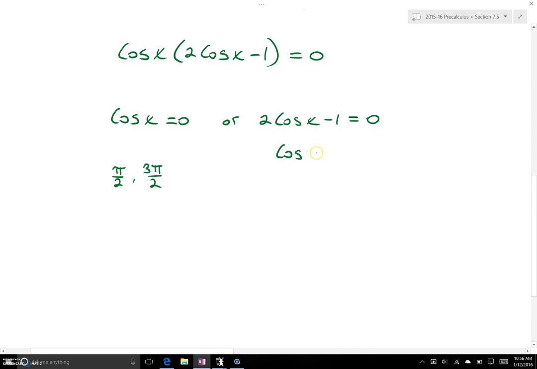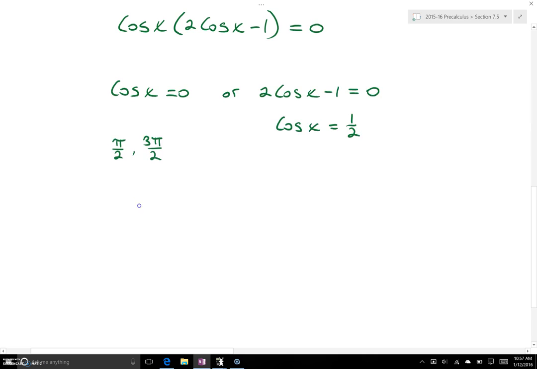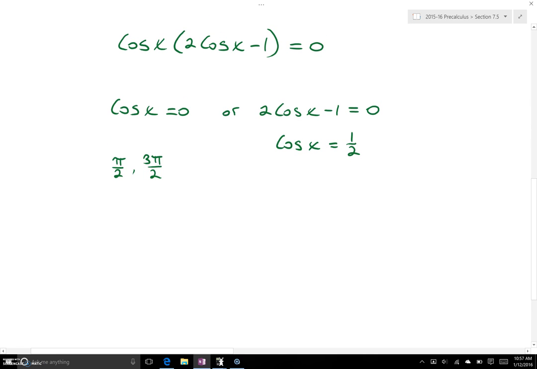Over here we can solve this. Cosine x equals 1/2. That's on our unit circle. Cosine x is going to be equal to 1/2 when x is 60 degrees. So that's pi over 3. And then it's also 1/2 when we're at negative 60 degrees.